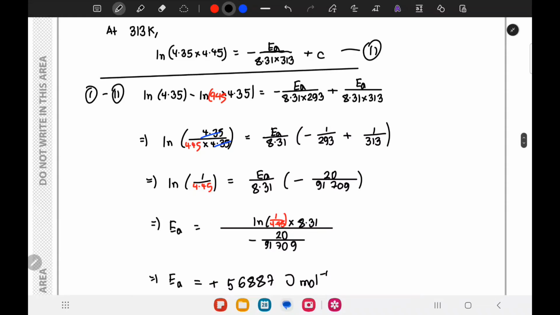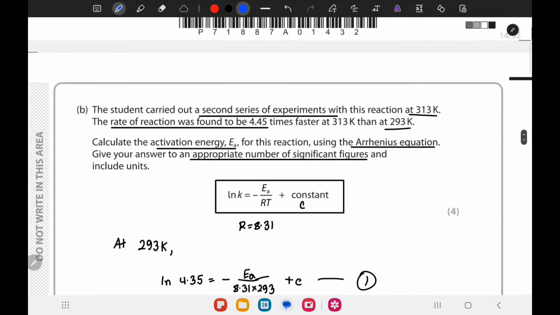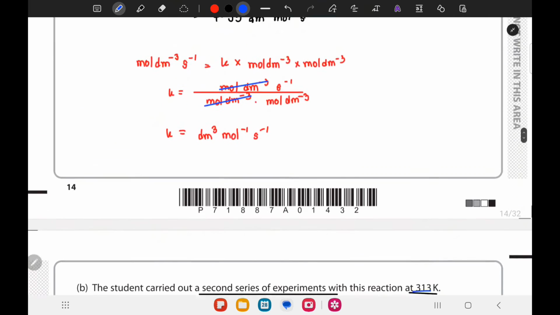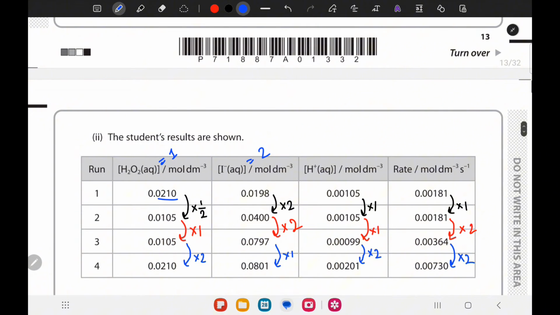In this case, we have to take the significant figures of the data value with the lowest. So the data value is this temperature over here given in 3SF, this temperature over here given in 3SF, and the ones we used in calculations. This one is given in 3SF, this one is given in 3, this one is also given in 3SF.